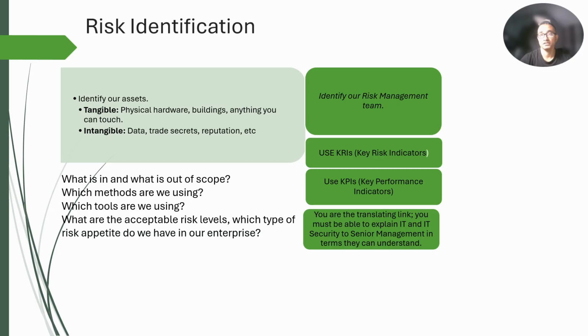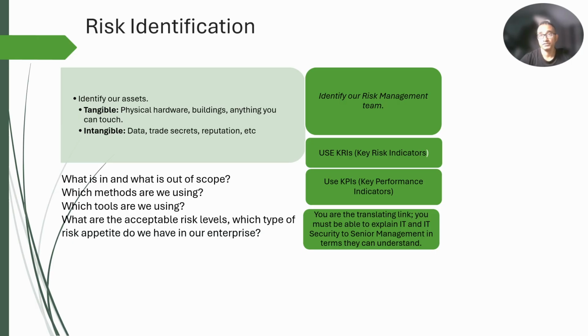Important in this step is that you identify your risk management team and how it is being covered. Are you just covering information and technology, or are you also covering data risk, operational risk, compliance, and so forth?